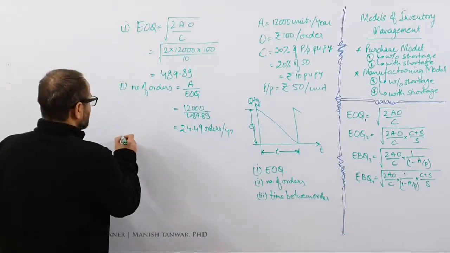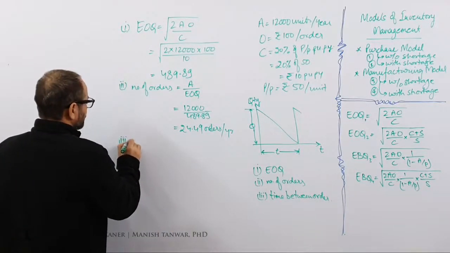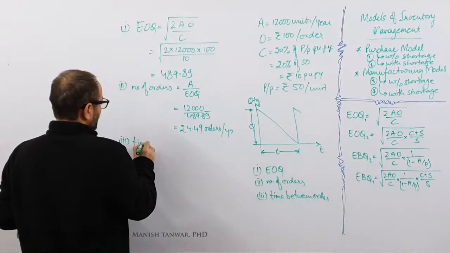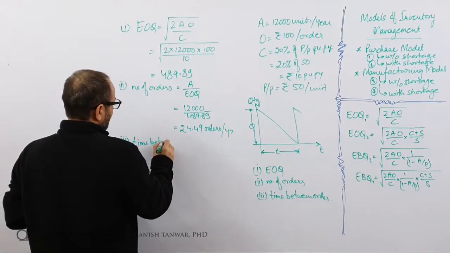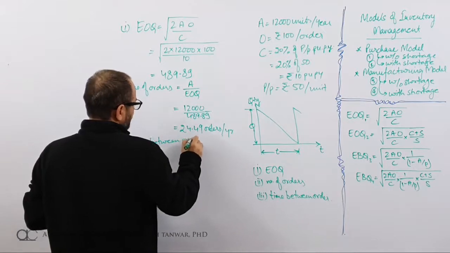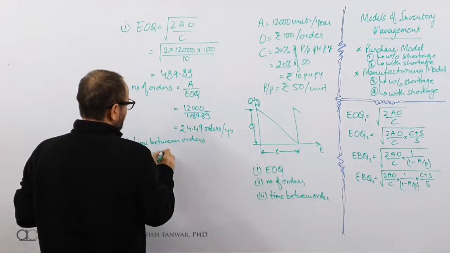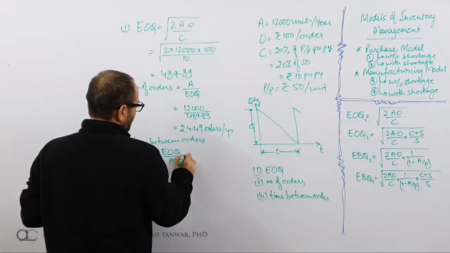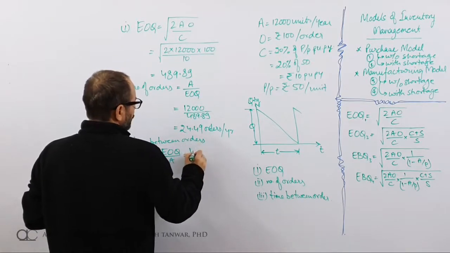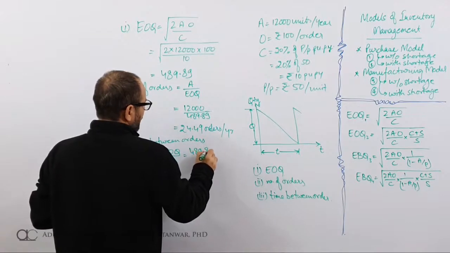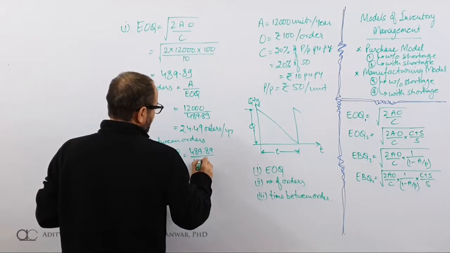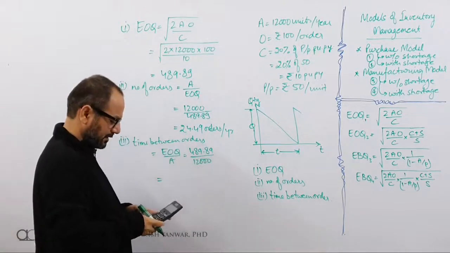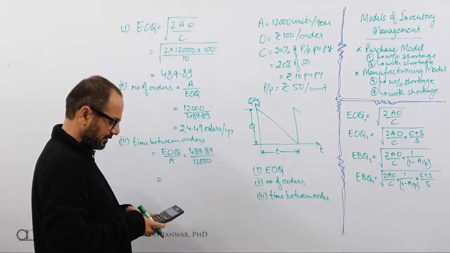Then our third issue is time between orders. If we have a look at this formula, it is EOQ upon A, making it 489.89 divided by 12,000.